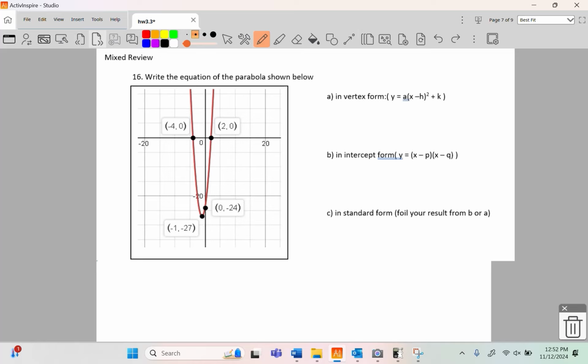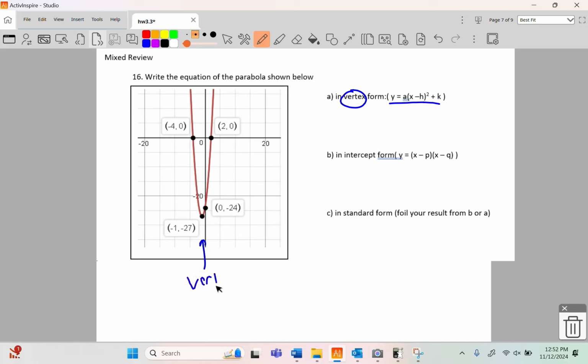So you're supposed to write the equation of this parabola in vertex form. Now it's nice to look up vertex form. Which one of those 4 points gives you h and k? It's called vertex form, kids. Where's the vertex?